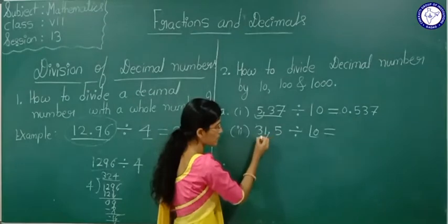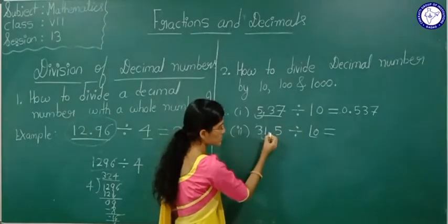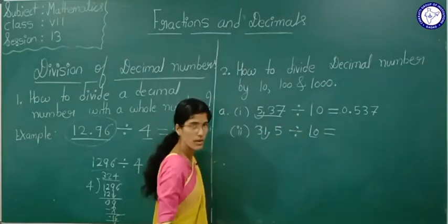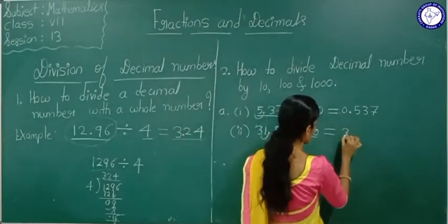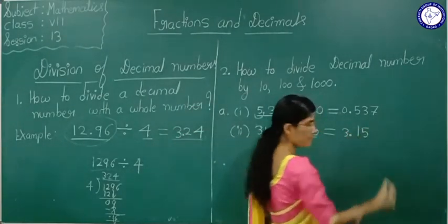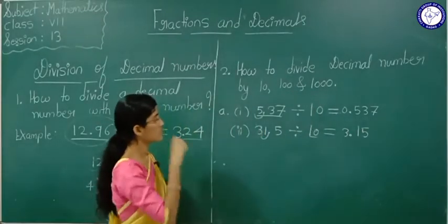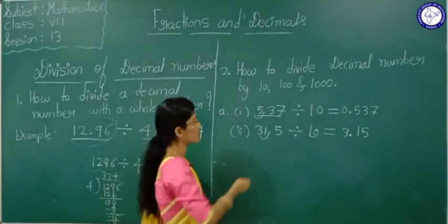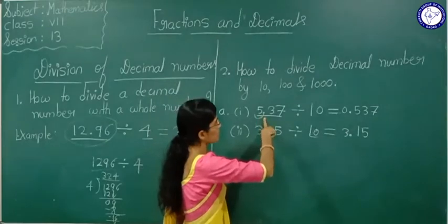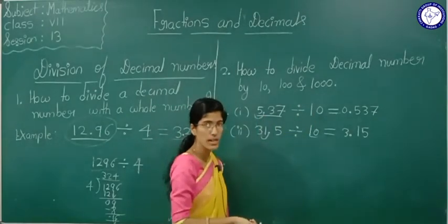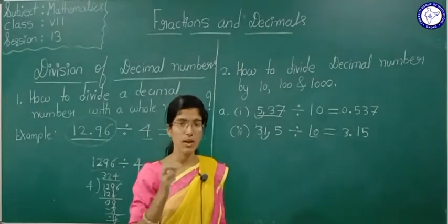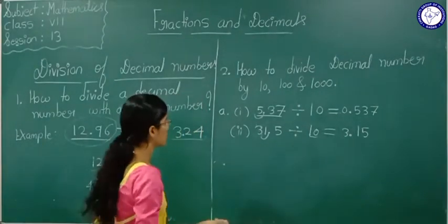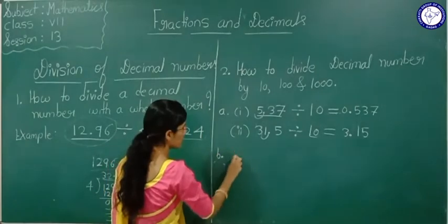Division means left by 1 place; multiplication means right by 1 place. It will become 3.15. This is the way we divide a decimal number by 10. So what about 100? We are going to shift the decimal point to the left by 2 places. We will see those examples also.